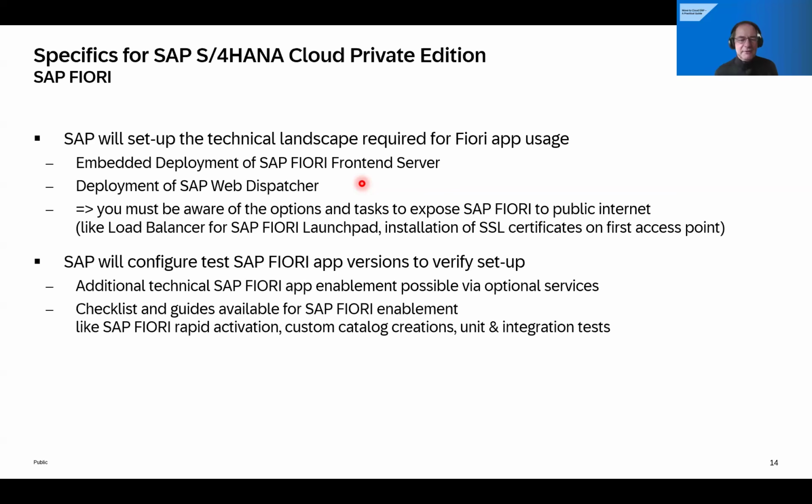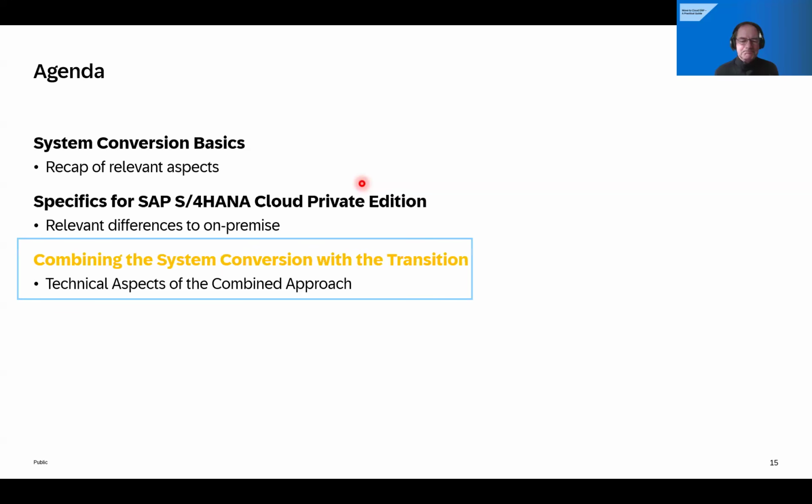There's a checklist and guides available for Fiori enablement, especially SAP Fiori rapid activation, custom code creations, and other things. That was a fast go-through of the specifics on different levels, comparing S/4HANA on-premise with SAP S/4HANA Cloud Private Edition. I've picked out the major things to be considered so that you are aware of this.